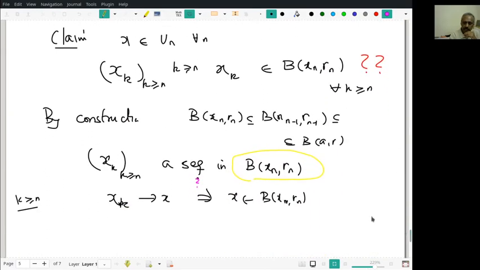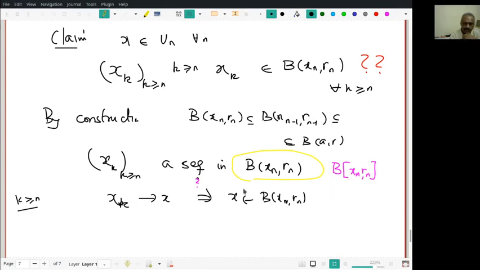So I will not talk about xk as a sequence in this, but I will think of it as a sequence in E of (xn, Rn). Now I know this is a closed set. Any closed ball is a closed set. Now xk for k greater than or equal to n is a sequence in this closed set which converges to x.